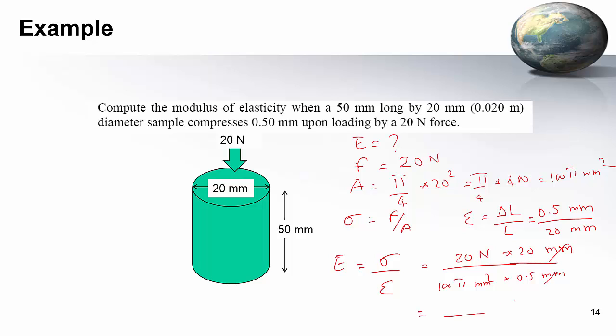So you will get an answer in newton per millimeter squared. That's the Young's modulus. You can convert it to newton per meter squared and express it as a pascal.